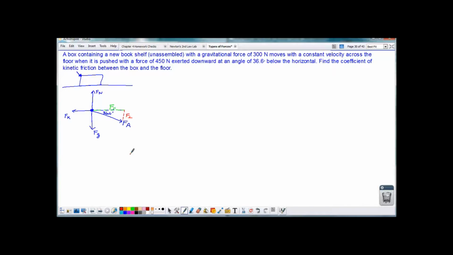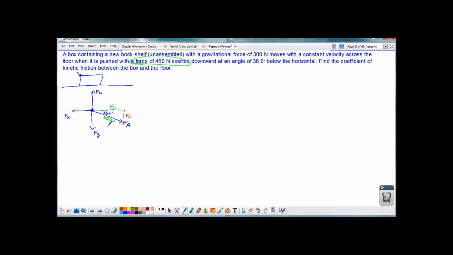And now I'm going to find those values using a little bit of trigonometry that we've done before. So this is the adjacent side. I know the applied force is 450 newtons, so this side is 450 newtons. That's my hypotenuse.